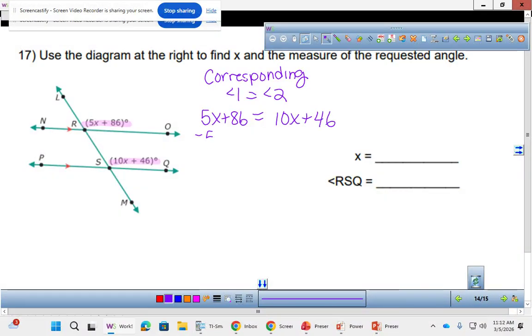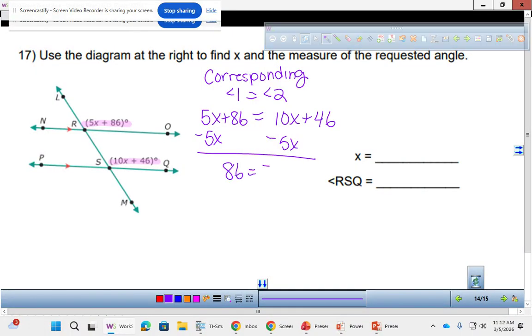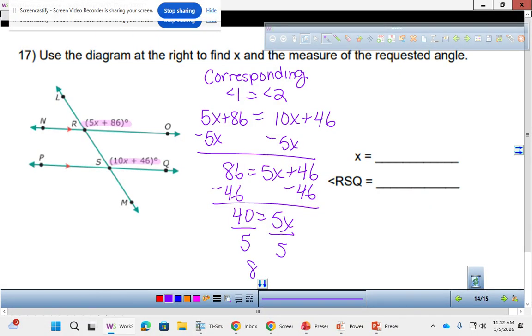And I want to work on getting the x's on the same side of the equation and the non-x's on the same side of the equation. And just working my way through this algebra problem to get x equals 8.